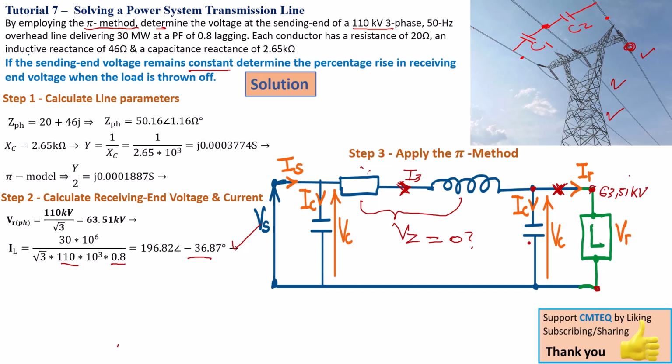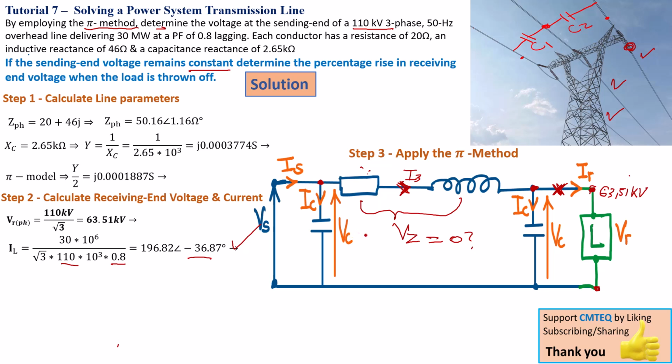Okay, now since the voltage drop is equal to zero here, what's then going to happen? The constant sending end voltage here is going to be the same one here, because these two shunt capacitances are now going to have the same voltage across them, since there is no voltage drop here.